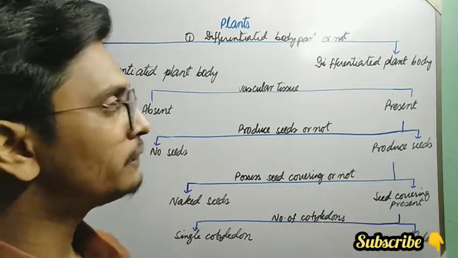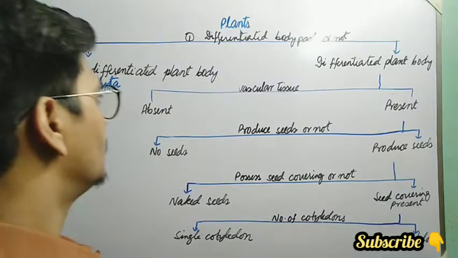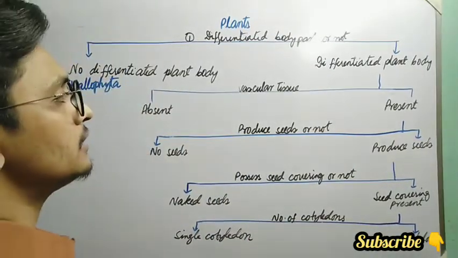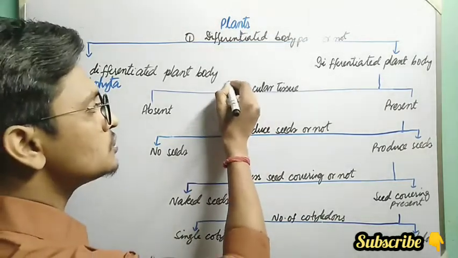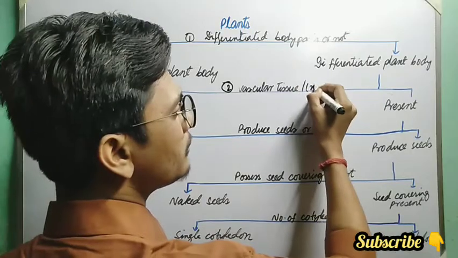And if they have well differentiated body parts, then it is again divided into 2 types based on the second criteria, that is presence of vascular tissue or not. So vascular tissue means having xylem and phloem.